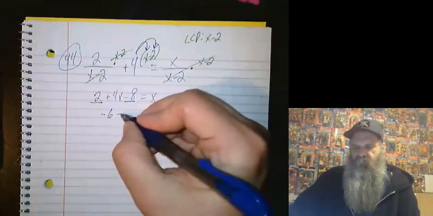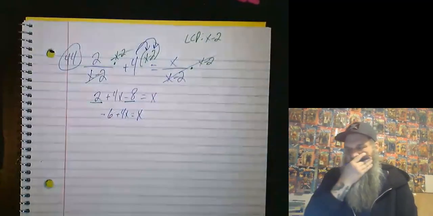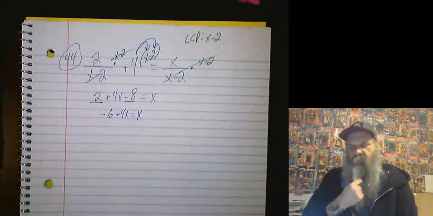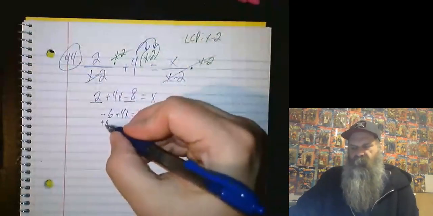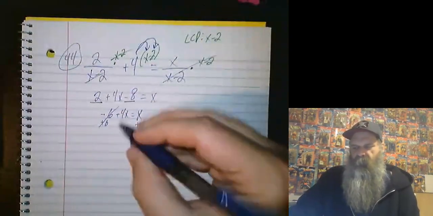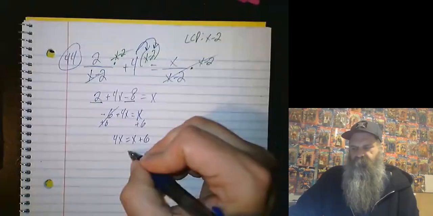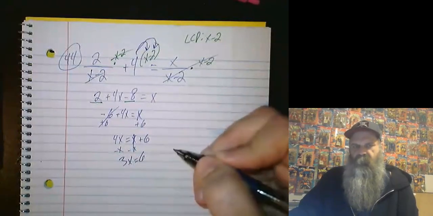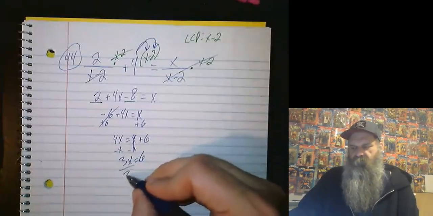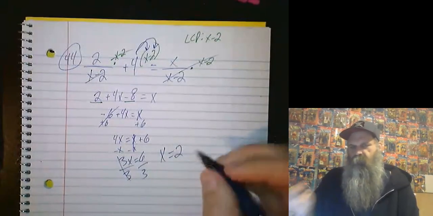So negative 6 plus 4x equals x. I don't know what y'all would do. Maybe you add the 6, and then you can just subtract the x. So 3x equals 6. Divide both sides by 3, so that x equals 2.